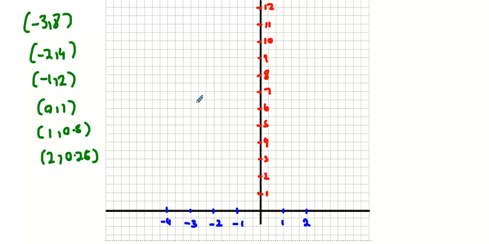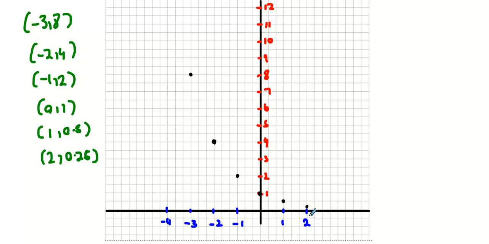Okay, let's begin. -3, 8. So yeah, I can use the old one where I have a gap of 2. This will help me nicely. So -3 goes up to 8. So where's 8? 8 is this one here. -2 to 4 is the next one. -1 to 2. 0 to 1. 1 and 0.5.